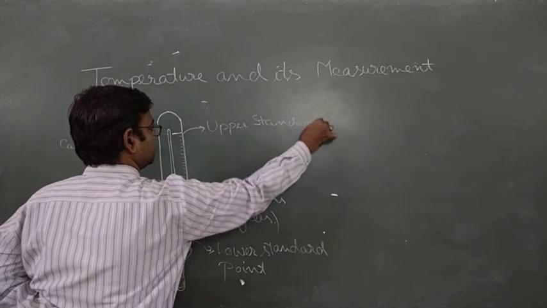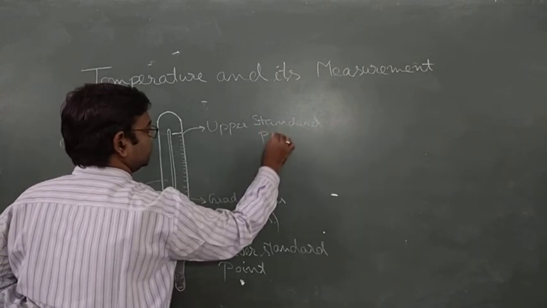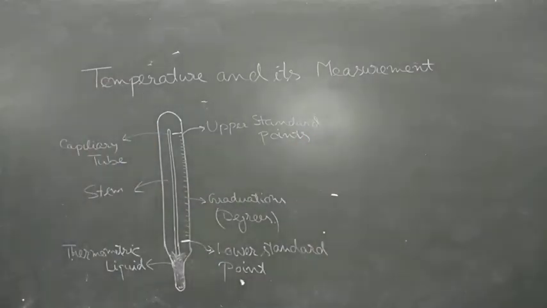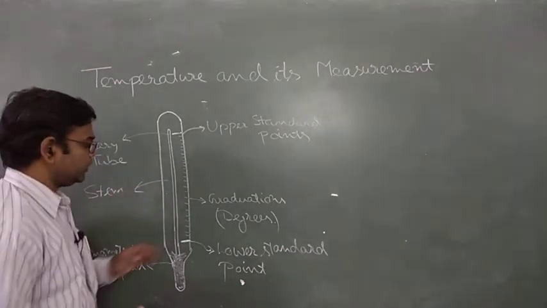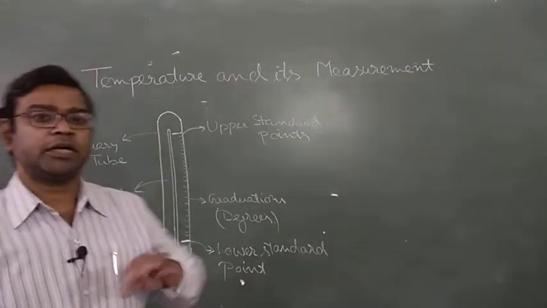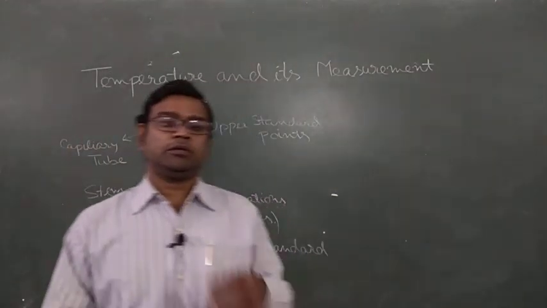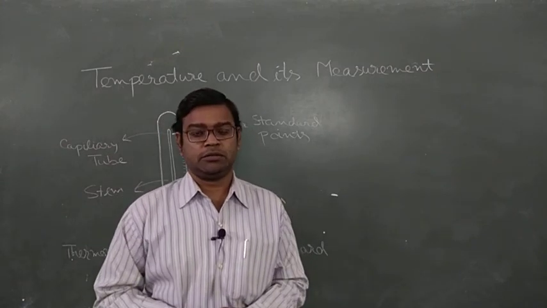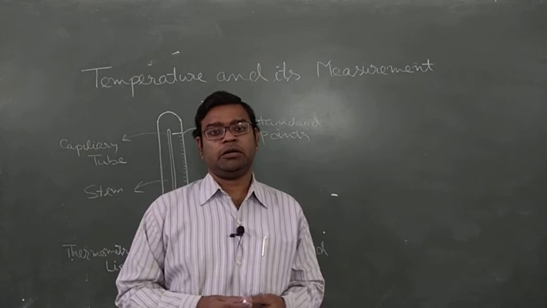Sorry students, points, because I am again writing over here. Upper standard point. Clear? So this is the simple construction of a thermometer, and we implement some corrections so that we can use it to measure temperature in our desired condition. We will discuss that in higher classes.